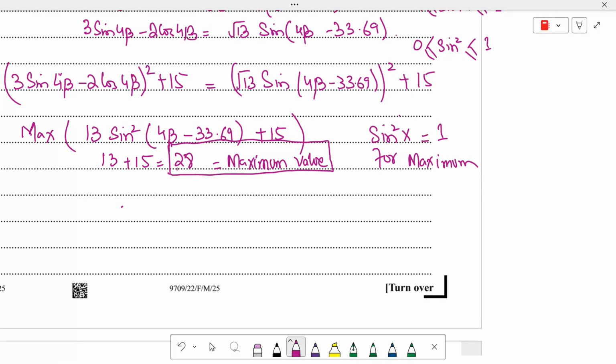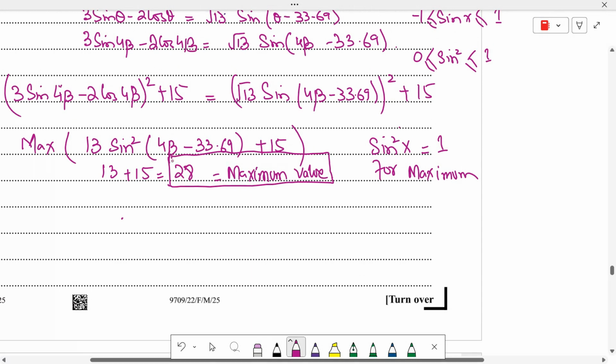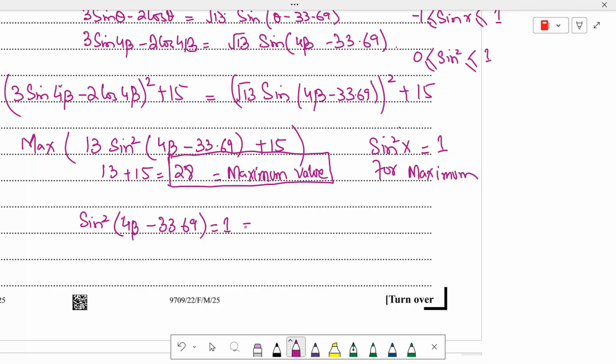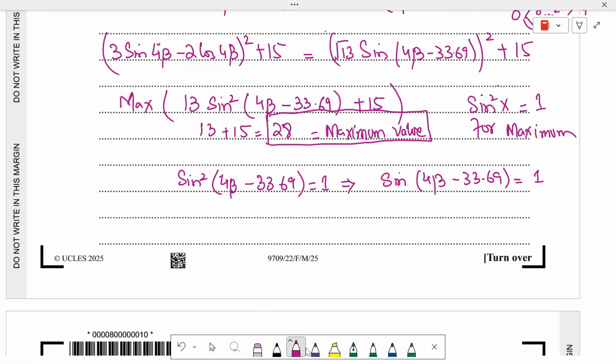To achieve the maximum value, we need to find the minimum value of beta. So sine square of 4 beta minus 33.69 is equal to 1, and this means sine of 4 beta minus 33.69 equals 1.